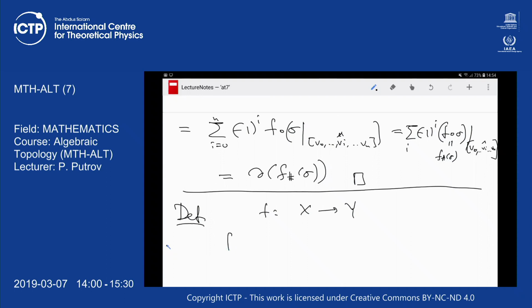Then the push forward induces a push forward map, which is denoted by F star, the same notation as for the fundamental group.